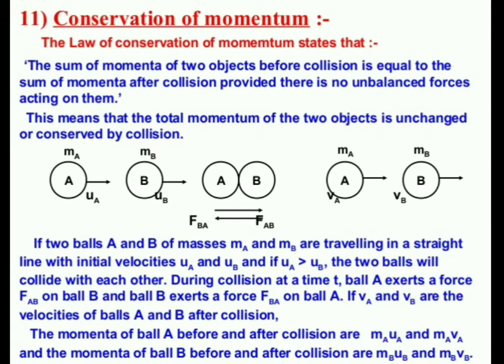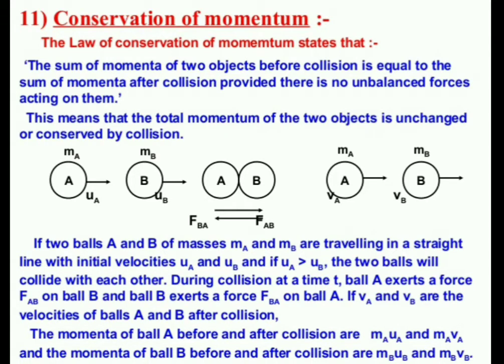If VA and VB are the velocities of balls A and B after the collision, we are seeing what happens to the momentum of these two balls before and after collision. Before collision, the balls are moving in a straight line.